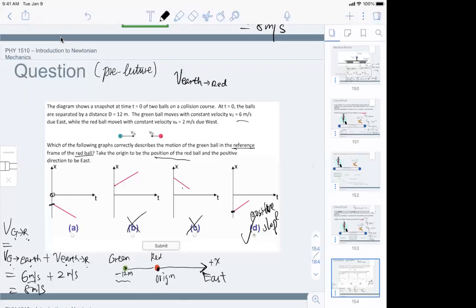How do we figure out this quantity? We are given red relative to Earth though. We're given that the red ball is moving relative to the Earth at 2 meters per second west. So Earth relative to red is how much?